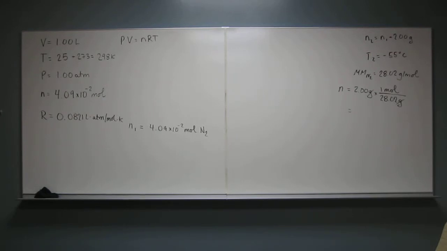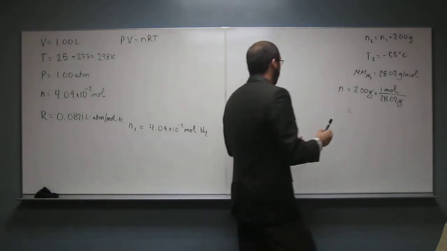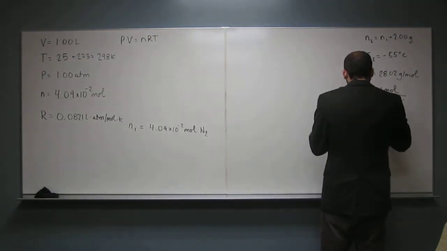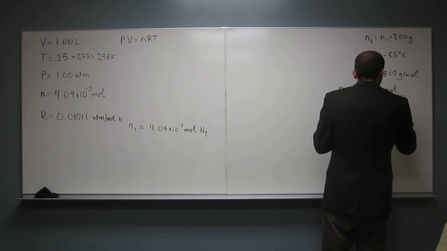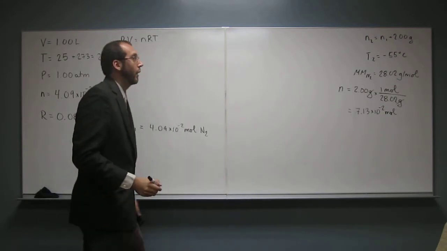So 2 divided by 28.02, and we get 7.13 times 10 to the negative 2 moles, okay?